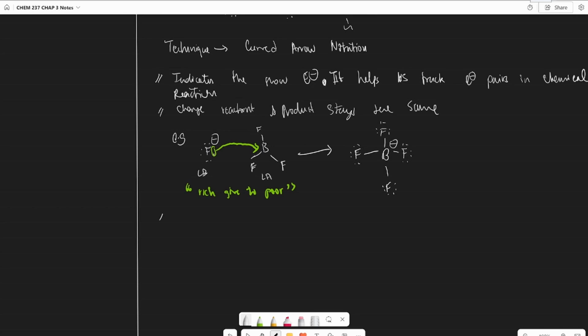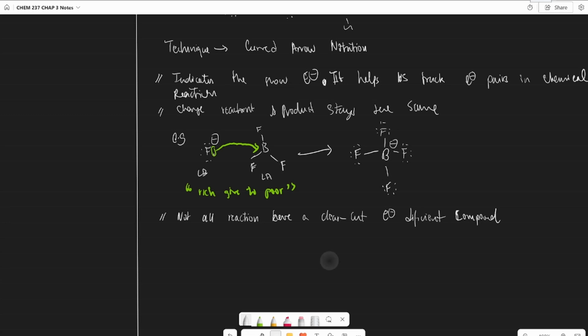Another thing we have to cover is to make sure that we're covering all different kinds of reactions. In organic chemistry, not all reactions have a clear-cut electron deficient ion or compound.